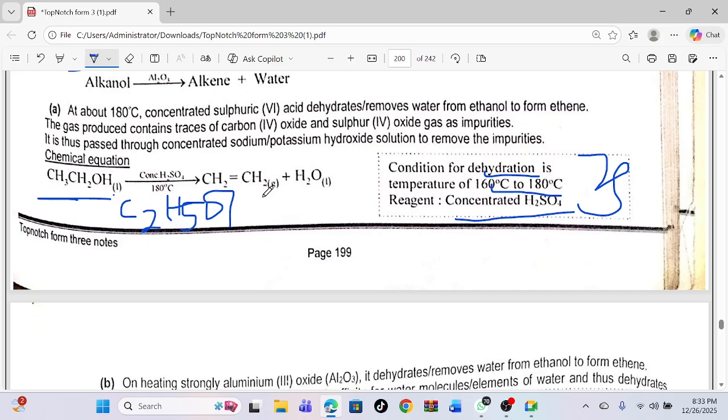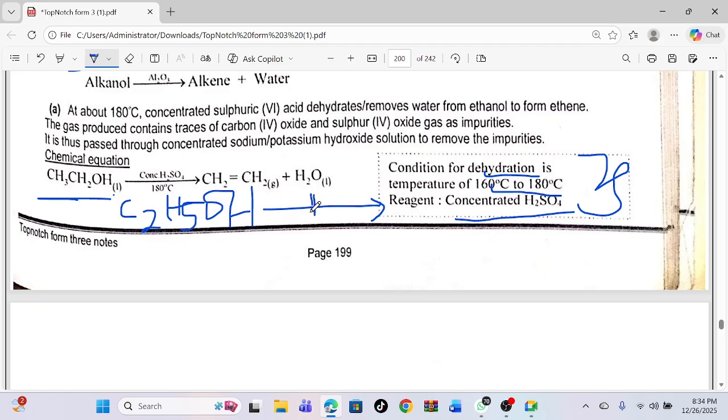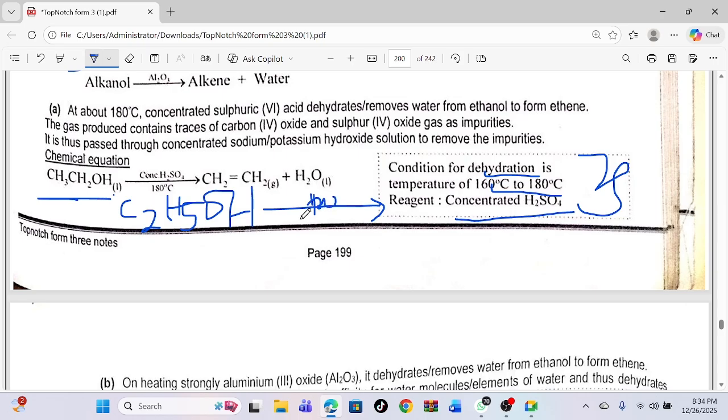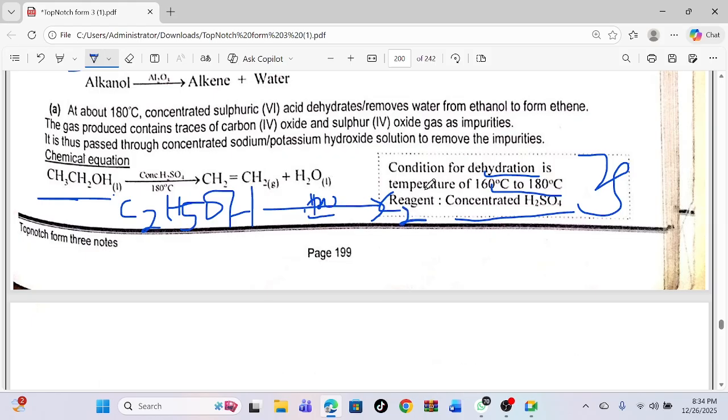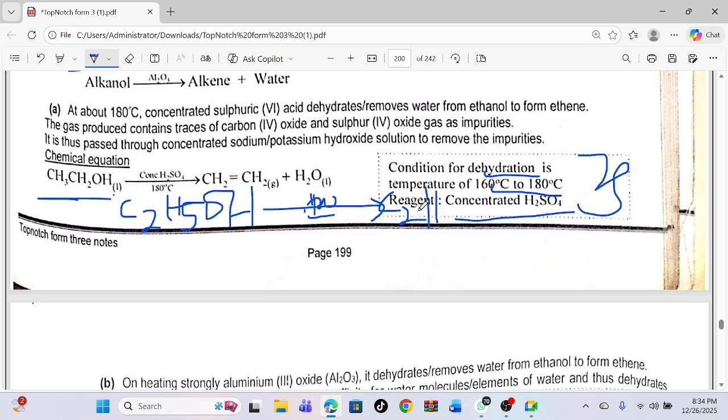So this ethanol tuna dehydrate using sulfuric acid, tunaweka hapo juu, then temperature itakuwa nini? 160 to 180, ama range between that. Unaweza sema 160, unaweza sema 180, unaweza sema 170, you will get still mark. Then itakupatia nini? Itakupatia ethene, C2H4 plus water. So very important.